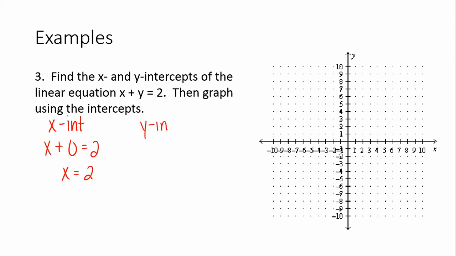To find the y-intercept, we plug 0 in for x. 0 plus y is y, and we get y equals 2. So the graph crosses the x-axis at positive 2 and the y-axis at positive 2, and we can connect our dots to draw the line.